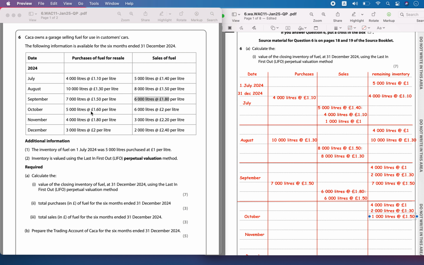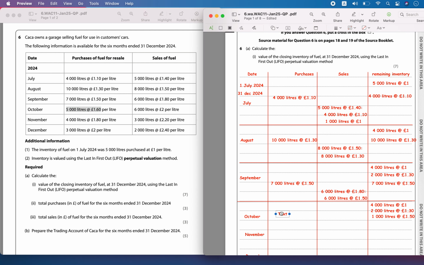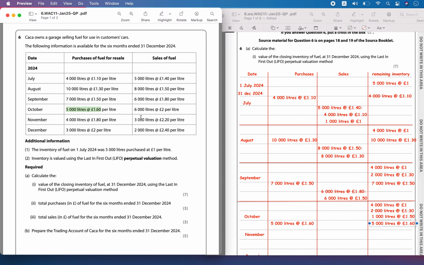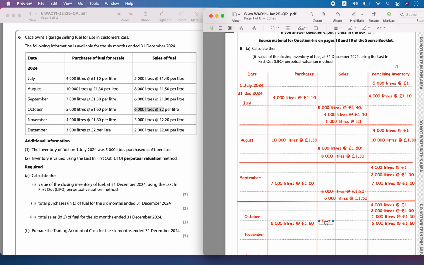And in the month of October I purchased 5,000 at 1.60. So let's put that. This also is going to come at the last. Now I have to sell 6,000 liters of petrol. How will I sell?